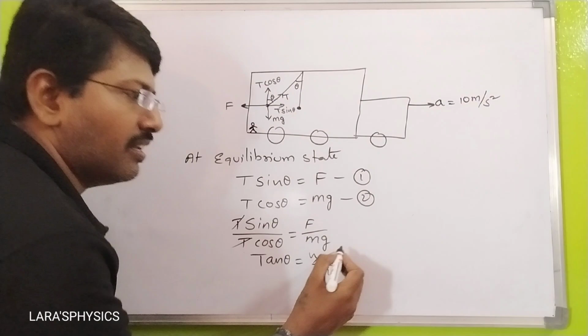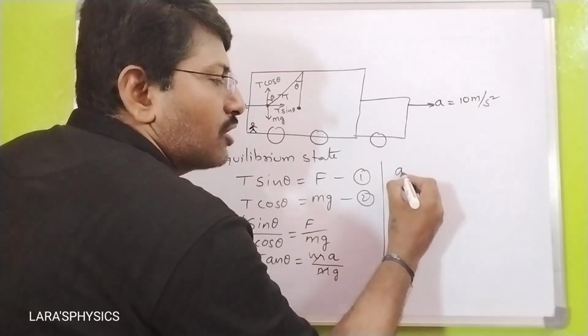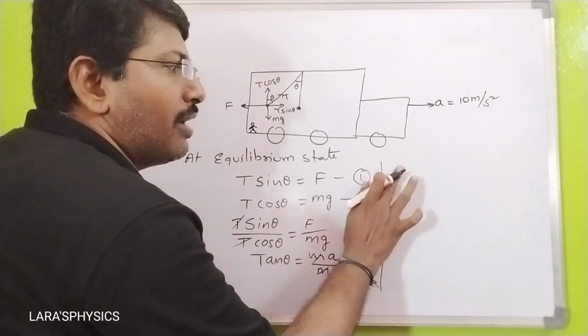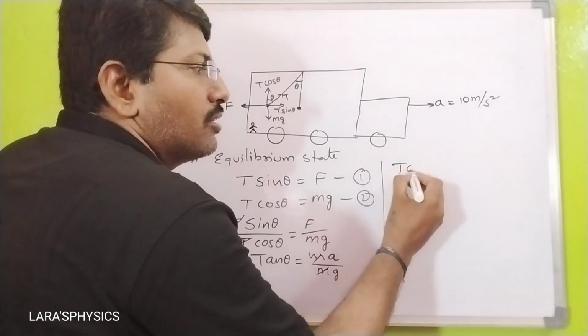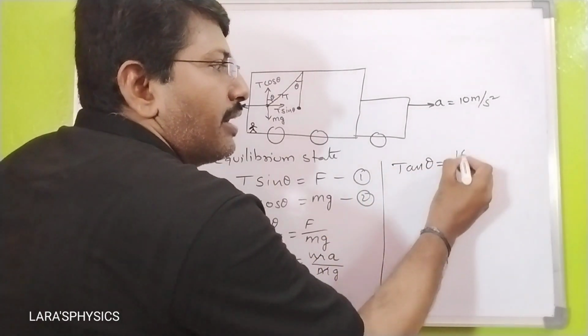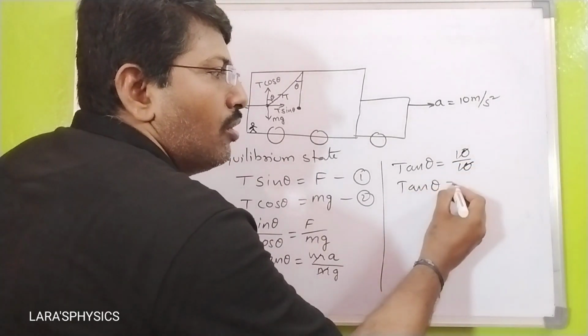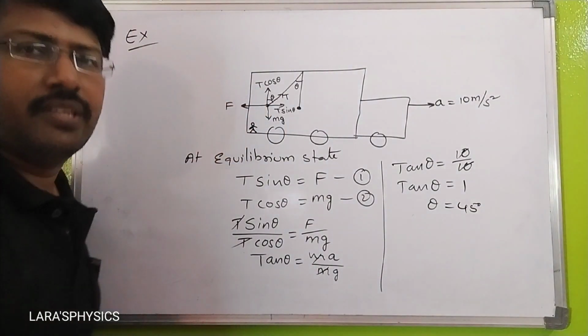The mass cancels. The acceleration value given is 10, and I take g approximately 10. So tan theta is equal to 10 by 10, so tan theta is equal to 1. Theta is equal to 45 degrees with the vertical.